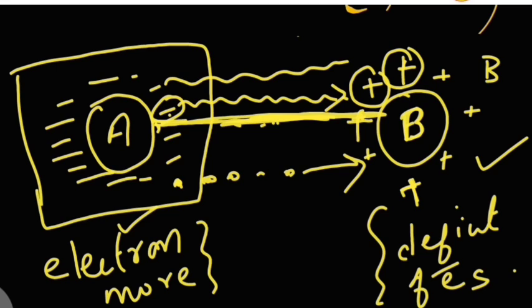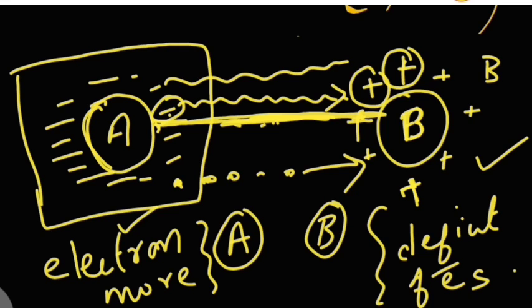Again, if there are excess electrons in conductor A, the electrons will flow, and this flow will continue until conductor A and conductor B have the same amount of charge. Suppose finally conductor A is having 3 electrons and conductor B is also having 3 electrons. Now the level is equal, isn't it?